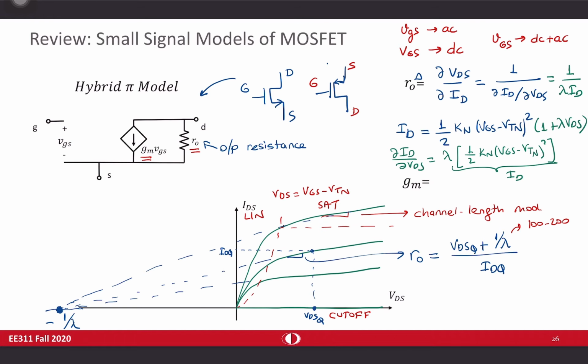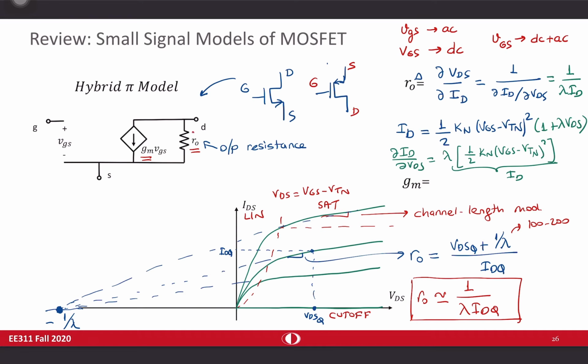Or if you are using a supply voltage of 5 volts, for example, any VDS voltage of a transistor cannot be larger than that supply voltage unless you are using some extraordinary circuits. Which means that this term in here is much smaller compared to 1 over lambda. So this can be ignored, and therefore R0 can be approximated as 1 over lambda IDQ.